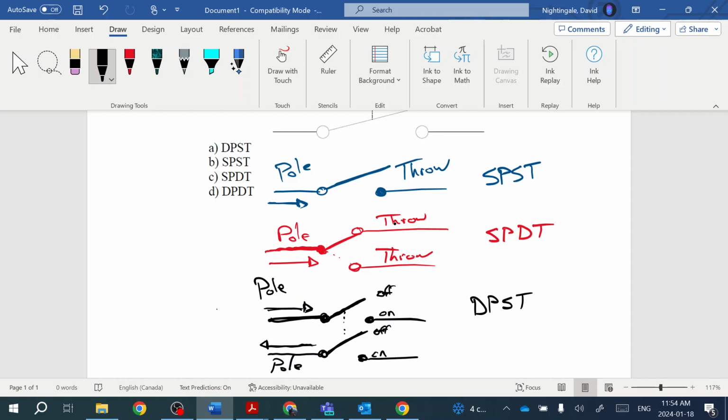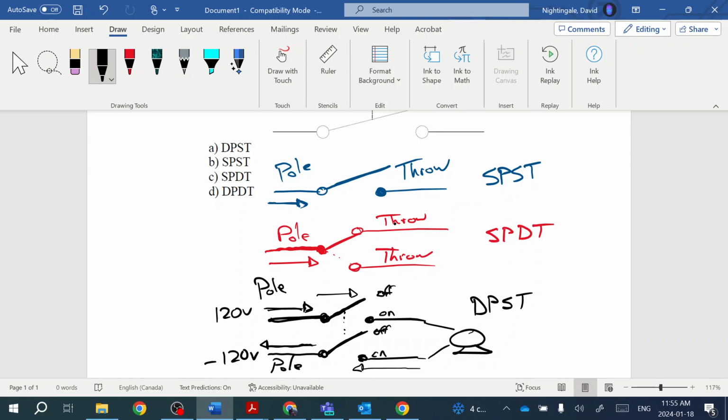We would see that in a 240 volt circuit. So we have 120 volt minus 120 volt coming in to a motor or something like that if we have a 240 volt load. When we close it, it allows current to flow to the motor and then back into the supply.